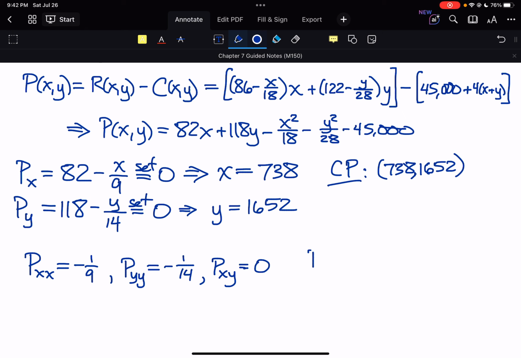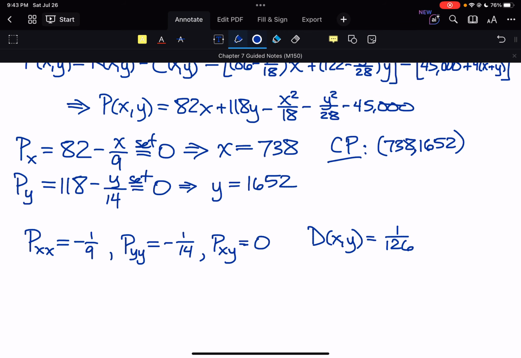When we take D, we take negative 1/9 times negative 1/14. That's positive 1 over 126 minus 0 squared. This value is not dependent on x and y. It's technically a function of x and y, but there's no x's and y's in it, so it doesn't really matter what the critical point is. This number will always be the same.